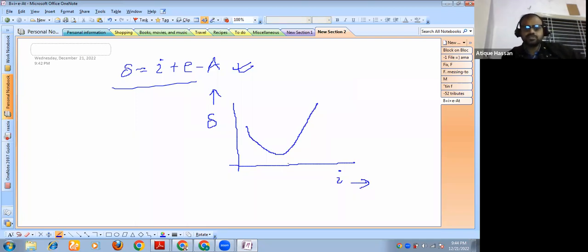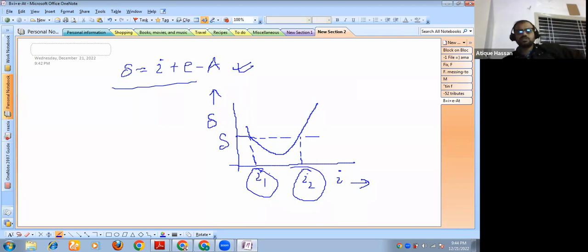And if you see this graph of delta versus I, you can see that for two angles, suppose you take one angle as I1 and one angle as I2, you will get the same deviation delta for two angles of incidence. For two angles of incidence I1 and I2, you are getting the same angle of deviation delta.